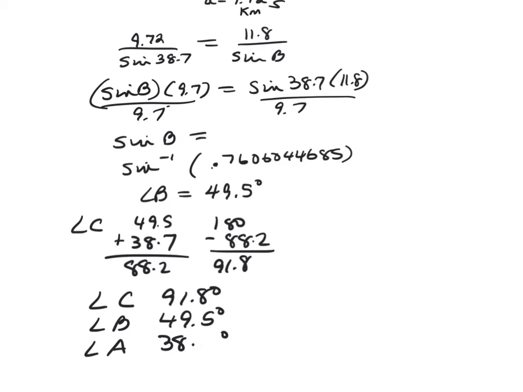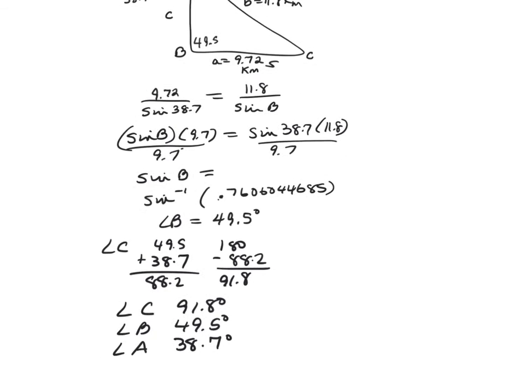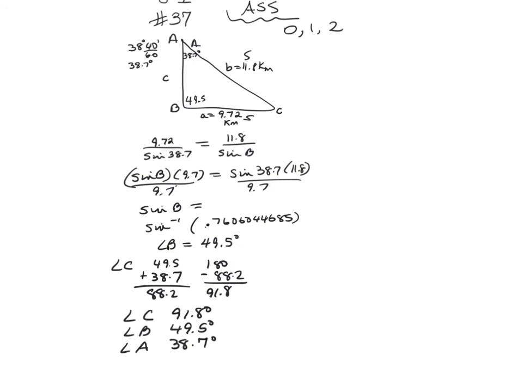Change that. Now, because this is in the ambiguous case, I did find 1 triangle so far, but now I need to check to see if there is a second triangle. So back here up at this step, what I need to do is see if it's even going to work. So what I would do is take 180 and subtract 49.5, and I get 130.5.